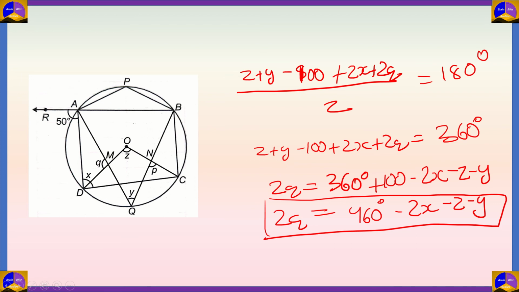So next, let's introduce a new concept called cyclic quadrilaterals. It's basically a quadrilateral whose points lie on a circle. For example, the one I drew is a cyclic quadrilateral because all of its vertices are on the circle.